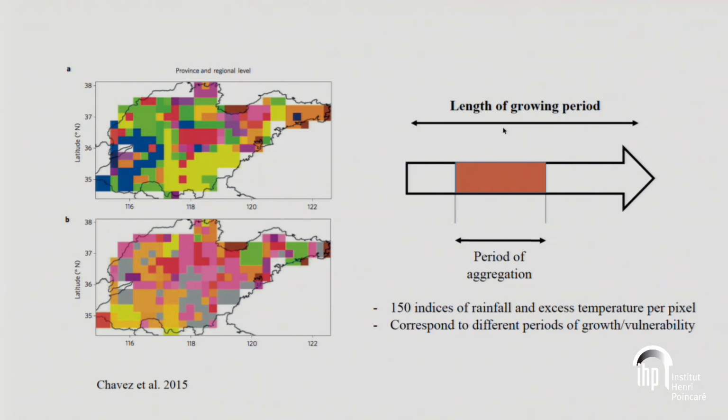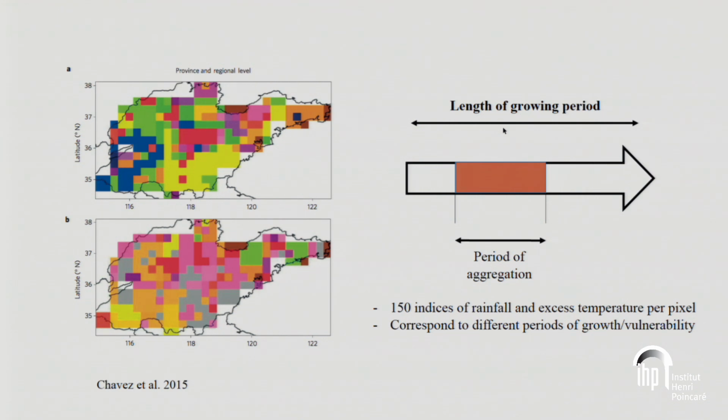Here you have a map of Shandong province where you have optimum weather indices that are illustrated by different colors, going from green through yellow, red, and blue, which means at what period of the crop growth the weather index is centered.